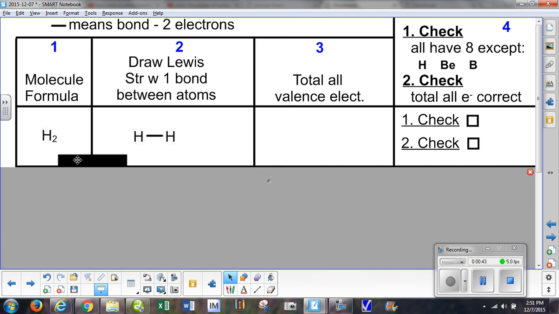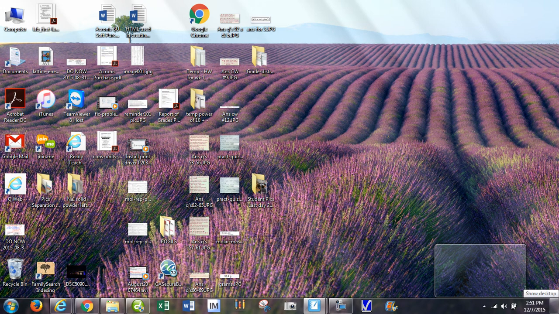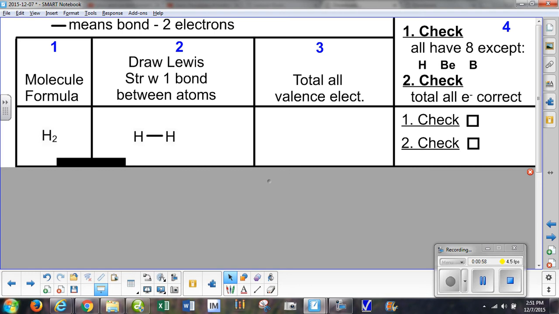So let's get started with the hydrogen, and what I do is draw the Lewis structure with one bond between the atoms. So that's what we have here. Now, we want to be sure that we have the correct number of electrons, and so the way we do that is we put in the name of the atom, and then we say, well, how many valence electrons does hydrogen have? 1.